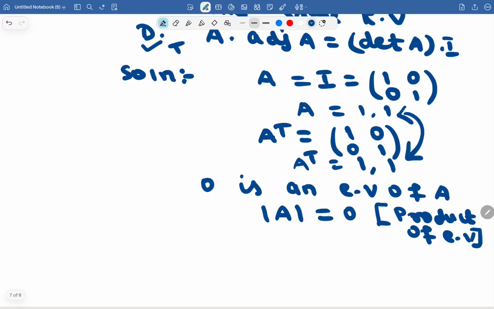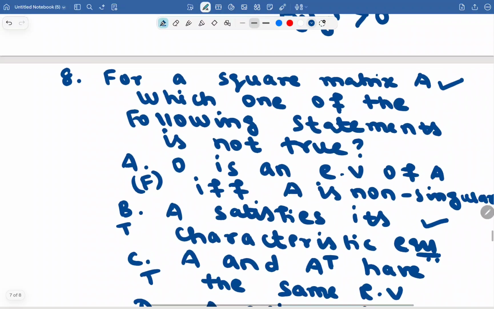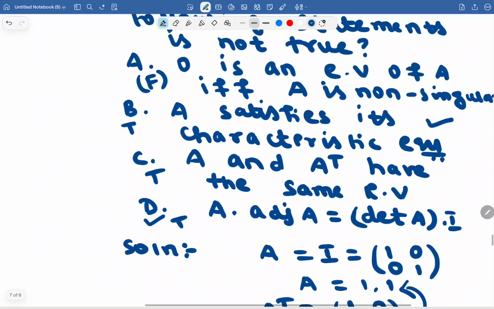If determinant A is 0, A is singular, but here it is given as non-singular. Therefore, option A is a false statement, which is the correct option for the 8th problem.